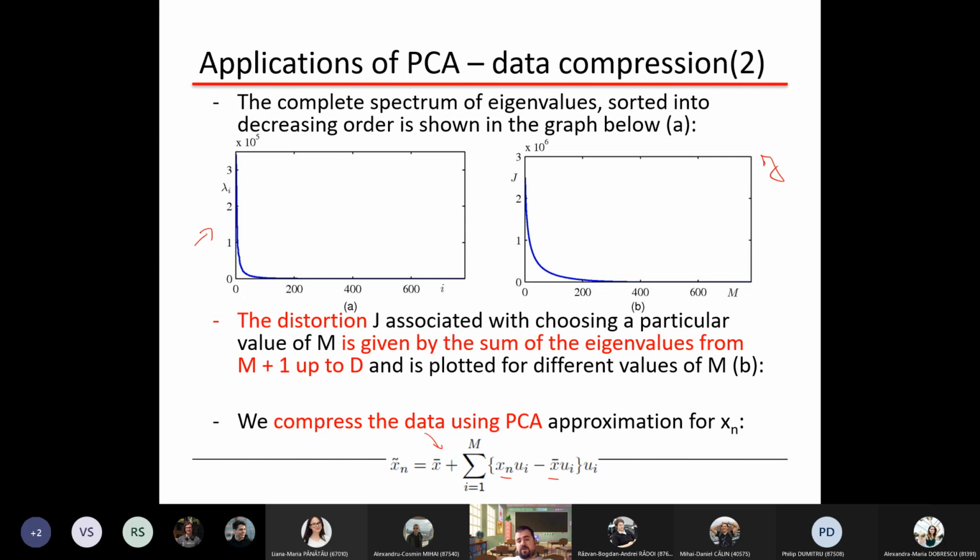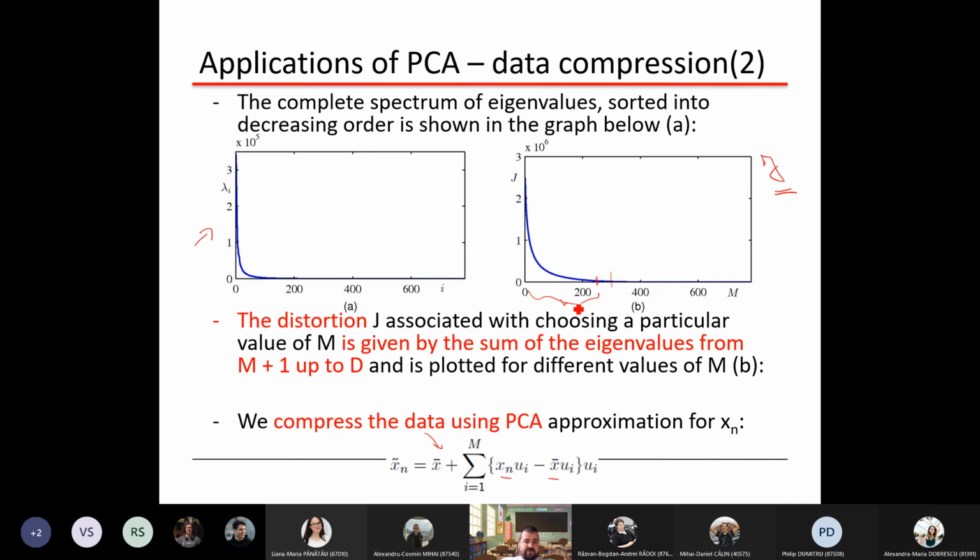Here there is plotted the value of J according to how many lambdas or how many eigenvectors are kept in the principal subspace. And we can see that if we get to around 250, the error starts becoming very, very small.